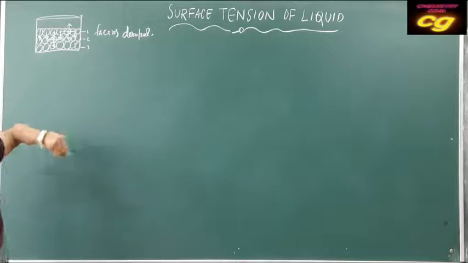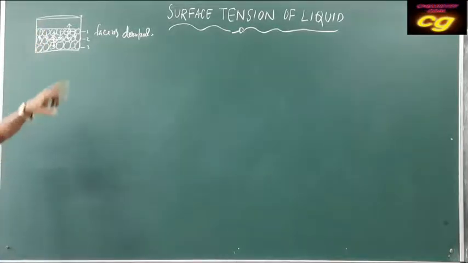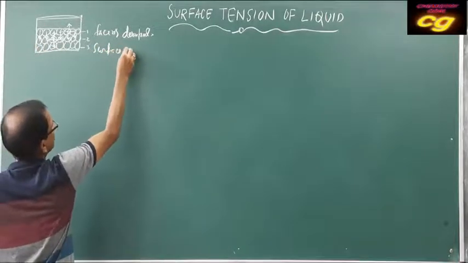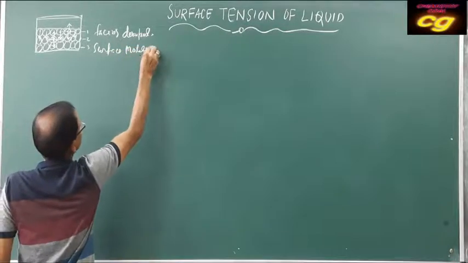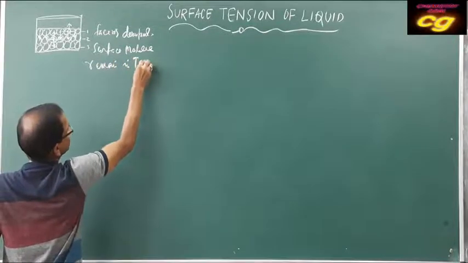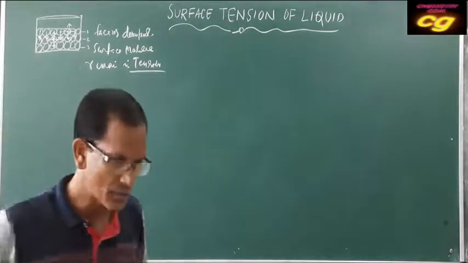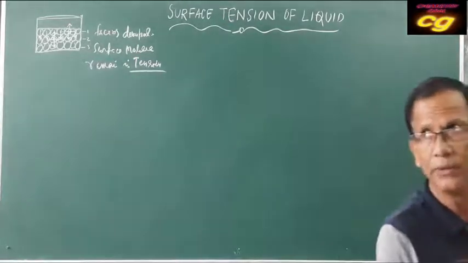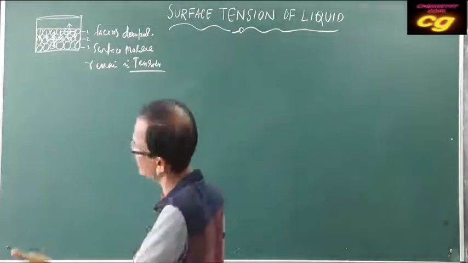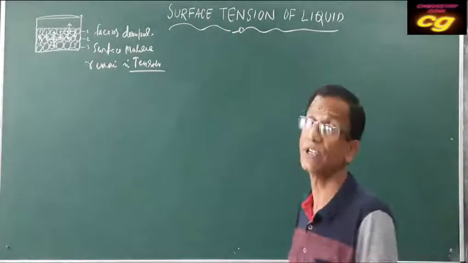Due to this downward pull, the surface molecule remains in tension. This type of nature of the surface molecules of a liquid is called surface tension.